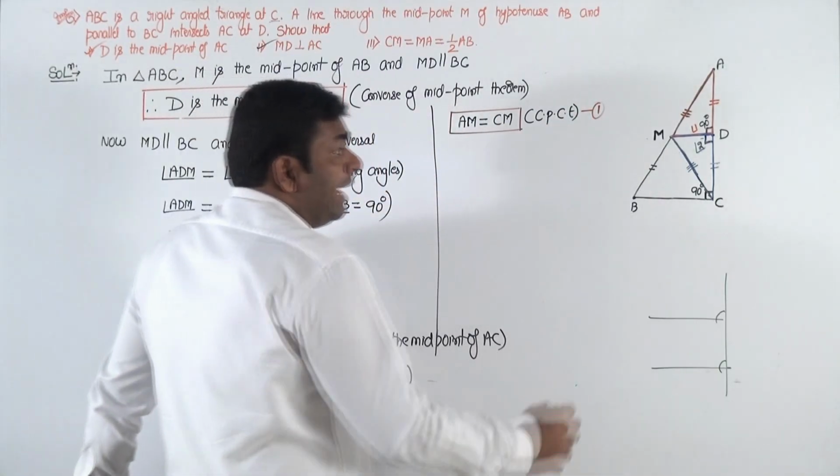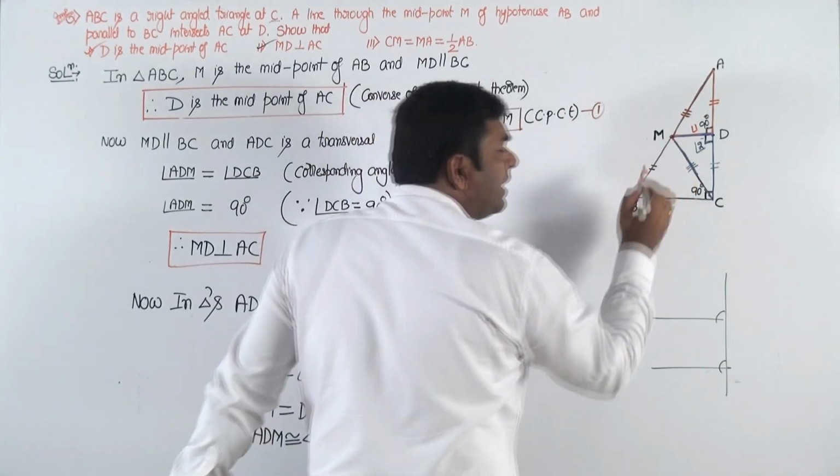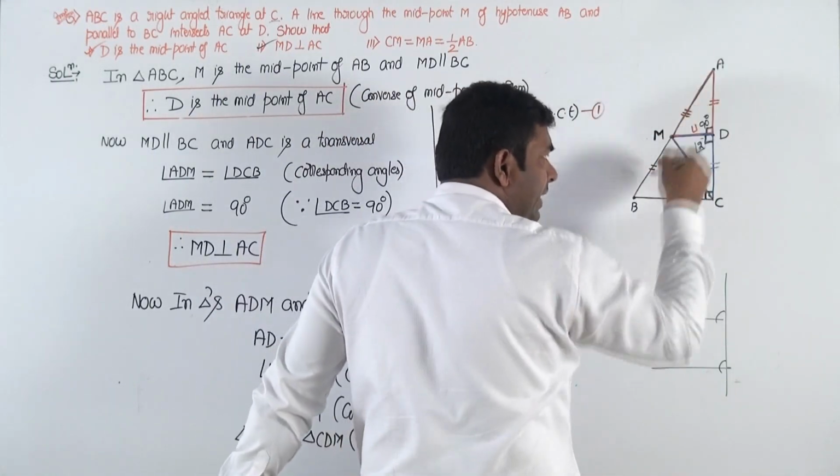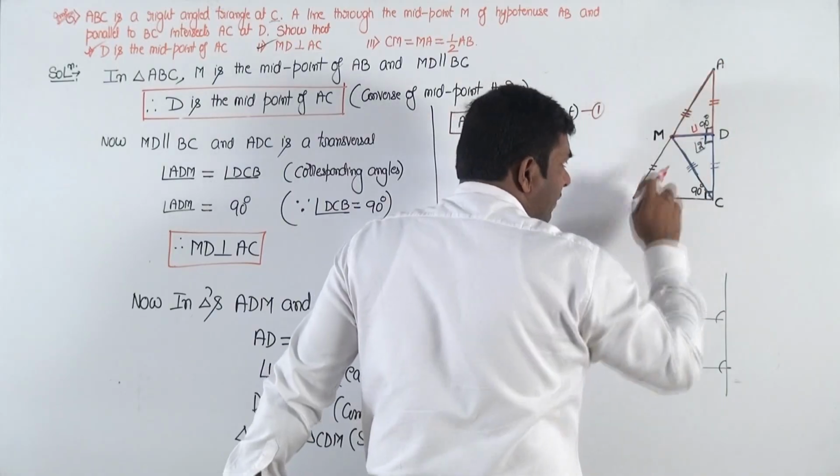Now, M is the midpoint, no? M is the midpoint of AB, isn't it?